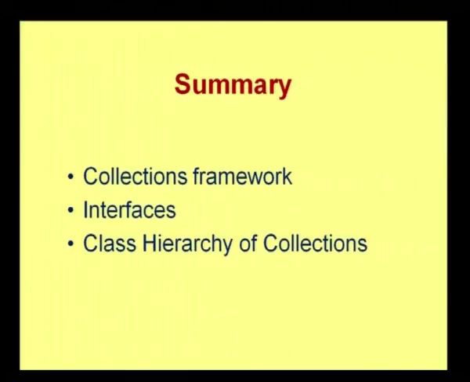As a summary, we have seen the collections framework, what are all the interfaces available in the collections framework, and also the various classes that have been implemented by Java and provided to us in order to work on collections of objects.